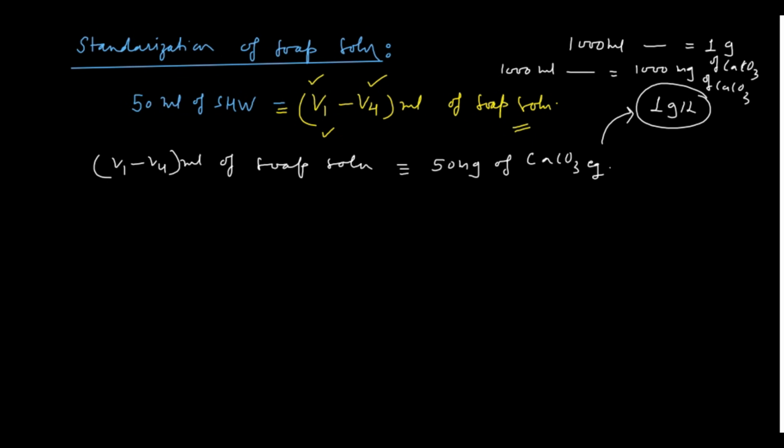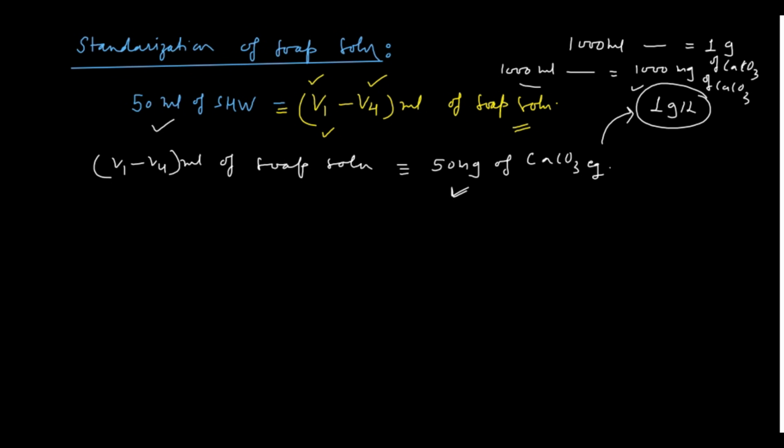So V1 minus V4, used by this 50 ml of standard hard water, is equivalent to 50 milligram, because 1000 ml contains 1000 milligram, so 1 ml will contain 1 milligram, and 50 ml will contain 50 milligram. This you need to understand. This is very, very important.